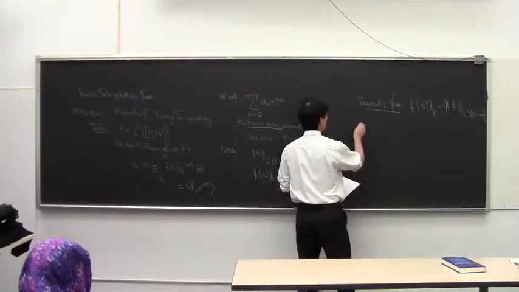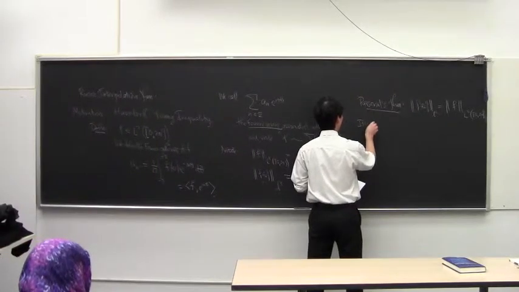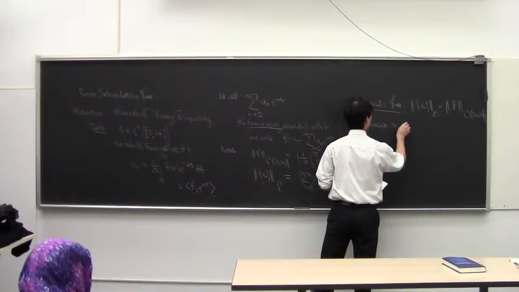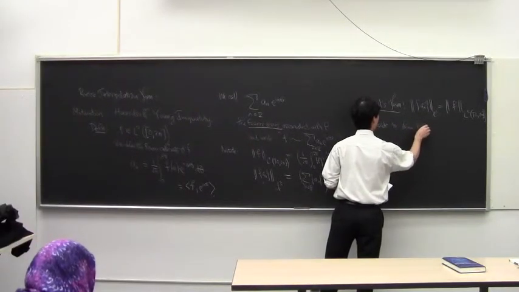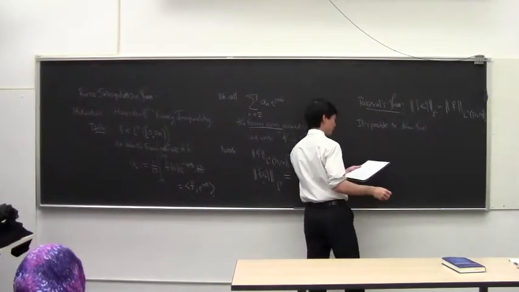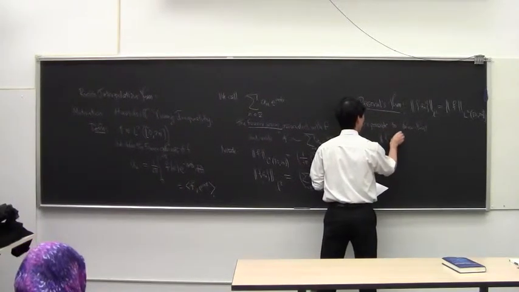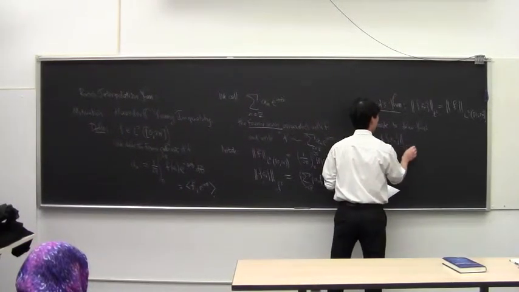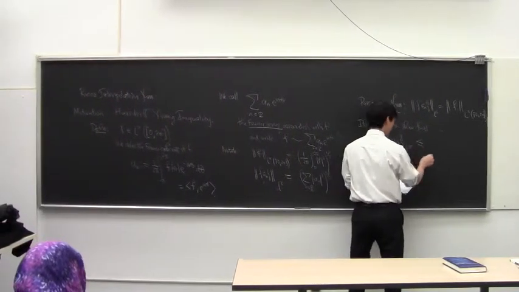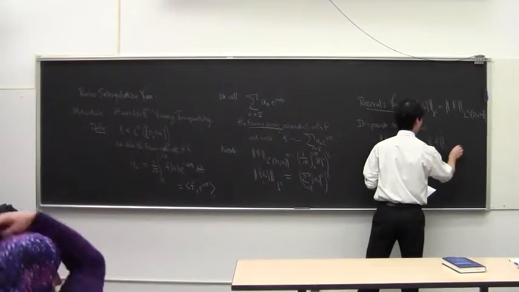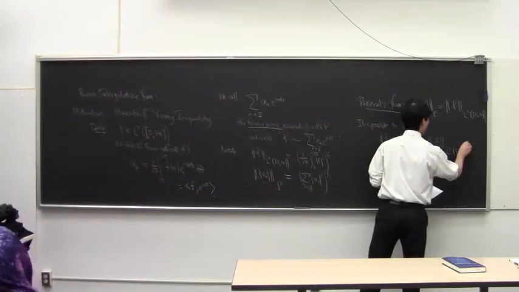And it's possible to show that other similar things hold. For example, the little L infinity norm of the sequence is bounded above by the L1 norm of the function.